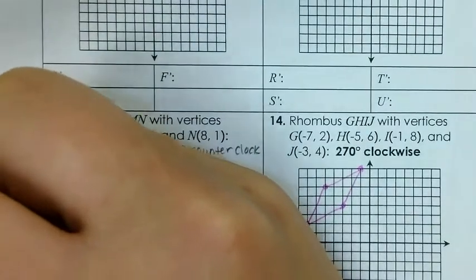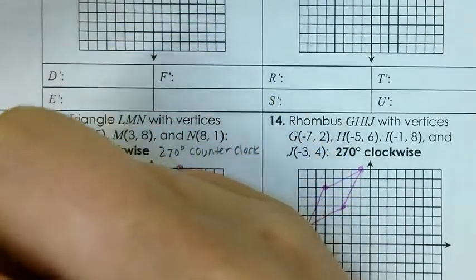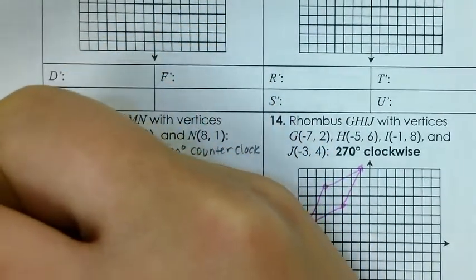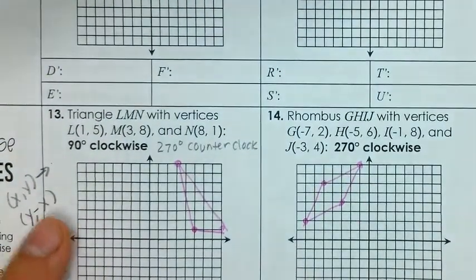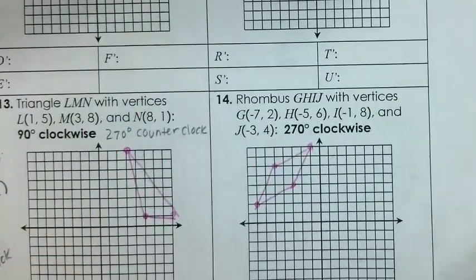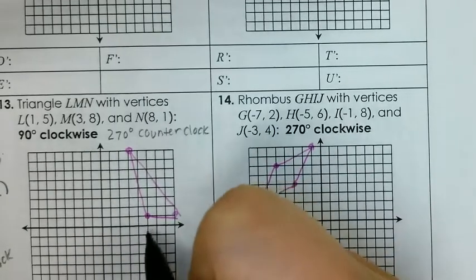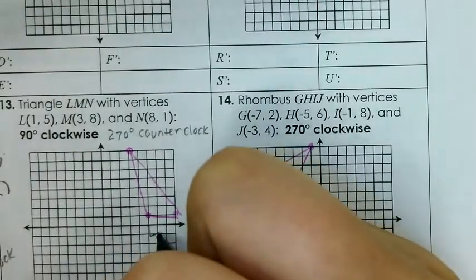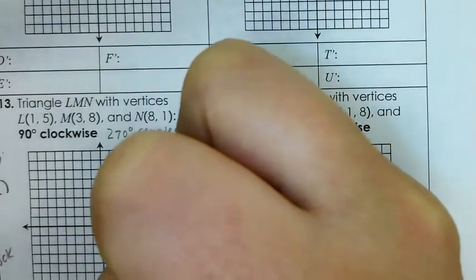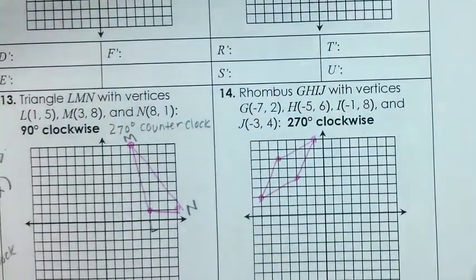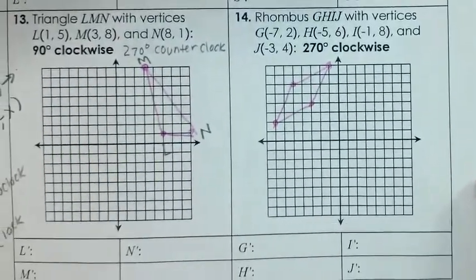That is when you take your coordinate and you flip it and negate the y. So graph your triangle and make sure you label it. Now we need to determine what the new coordinates are.